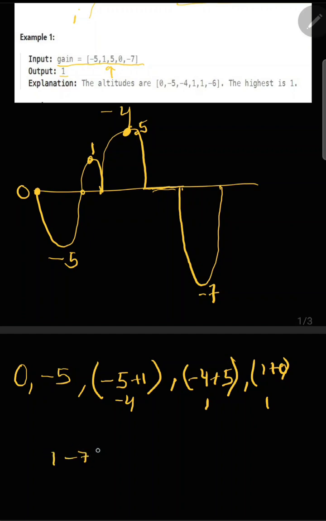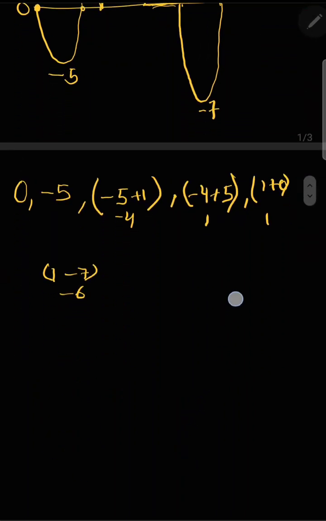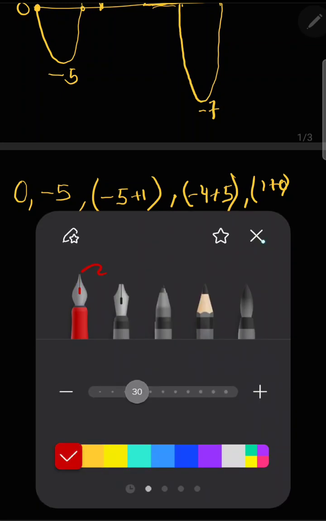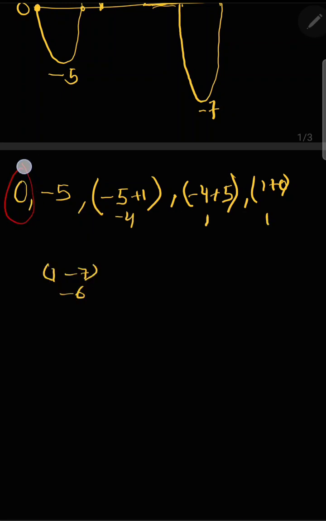This is a negative gain, so it will be -6. So from all the gains we are saying 0, -5, -4, 1, 1 and -6. Which is the maximum, the highest altitude? We can see 1, so we will return 1 as the answer.